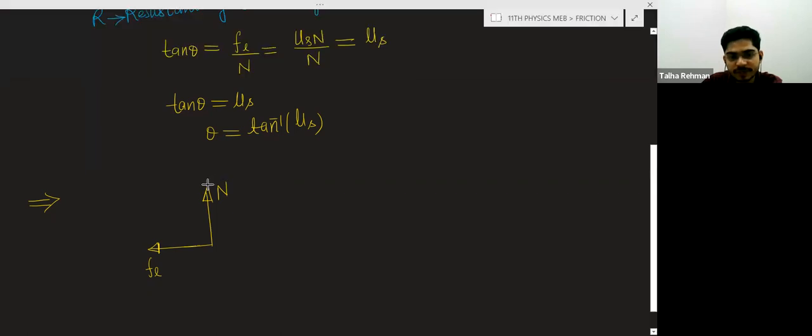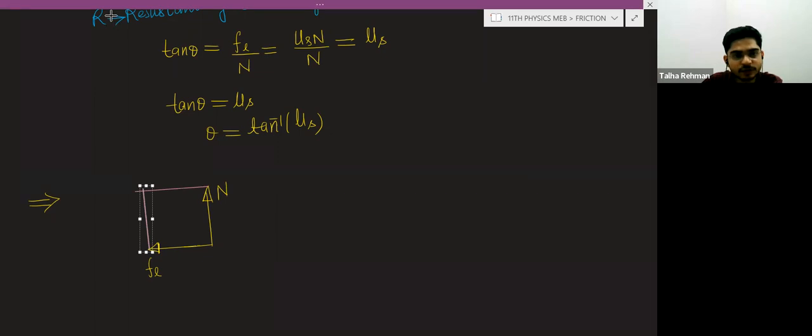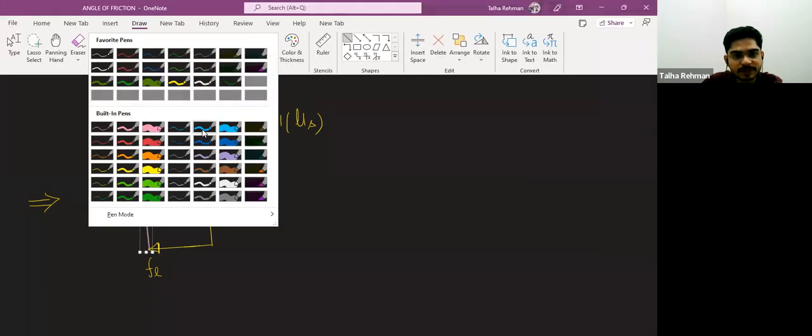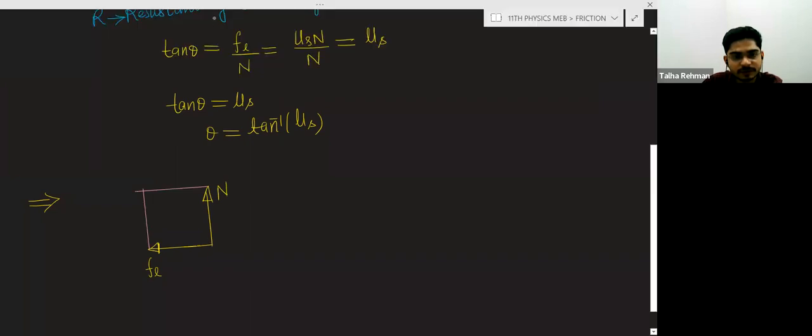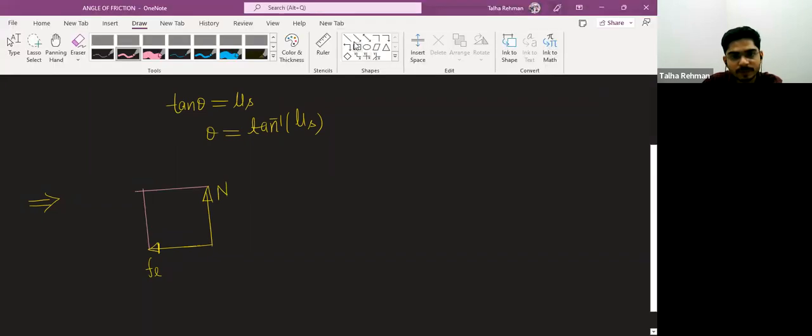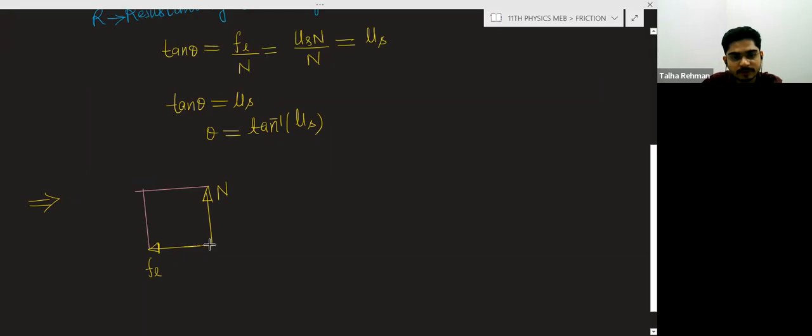Parallelogram law means draw a line parallel to this line from the tip of this, draw another parallel line, and the resultant you get will be this. This will be the resultant.